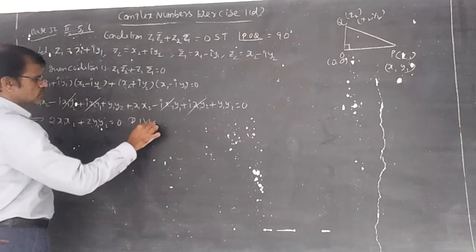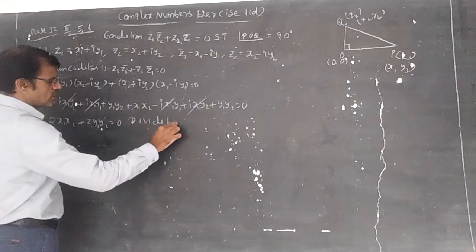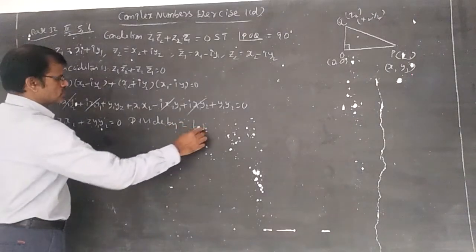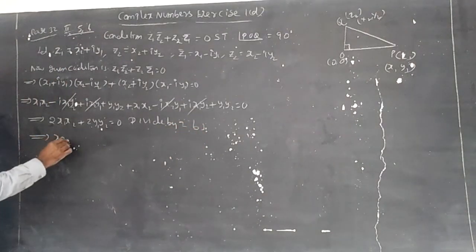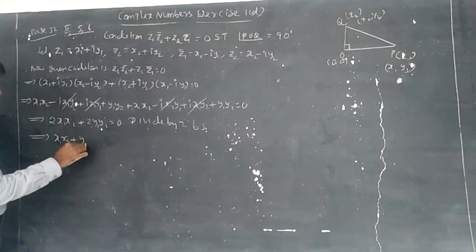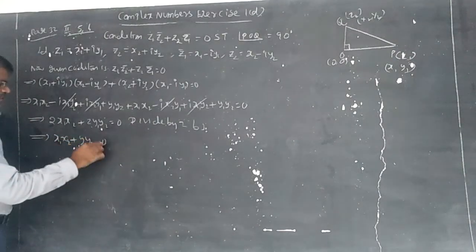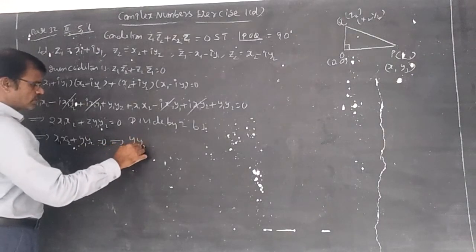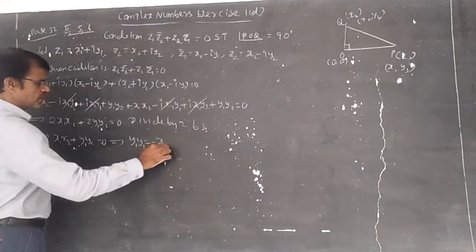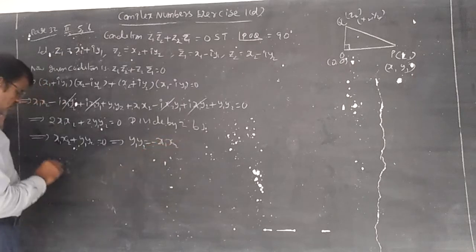Divide by 2 on both sides. That implies x1 x2 plus y1 y2 equal to 0. That implies y1 y2 is equal to minus x1 x2, you can write.